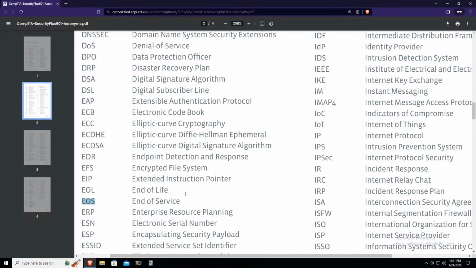Products hit end of support or end of service almost all the time. It's very frequent. Every 3 4 years, you'll have to update software and replace hardware in order to remain in support. And sometimes it is kind of a price gouge from a vendor standpoint, but it's the business of vendor support.